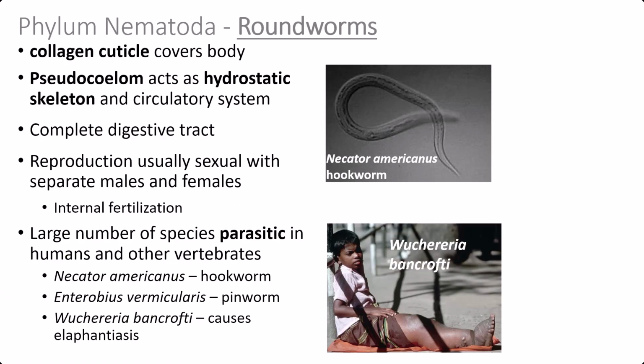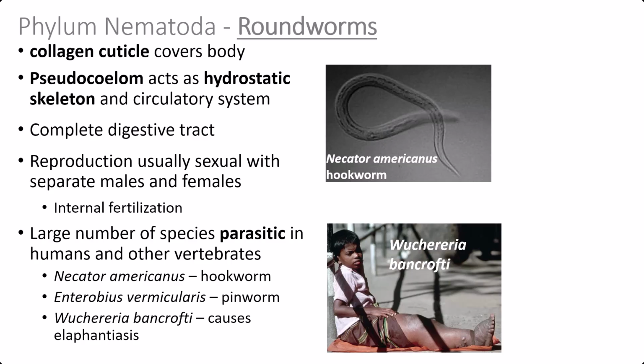So the nematodes are the roundworms. They have a collagen-based protein cuticle that covers their body. They have a pseudocoelom that acts as a hydrostatic skeleton and a circulatory system. They have a complete digestive tract, and their reproduction is usually sexual with separate males and females, and they do internal fertilization.